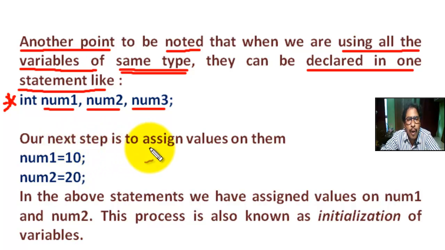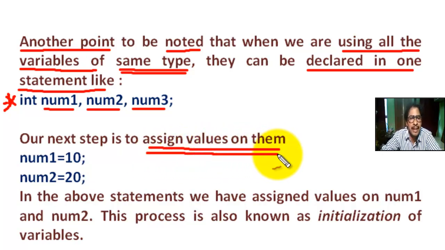Our next step is to assign values to them. num1 equal to 10, we assign in this way, semicolon. num2 equal to 20, semicolon.